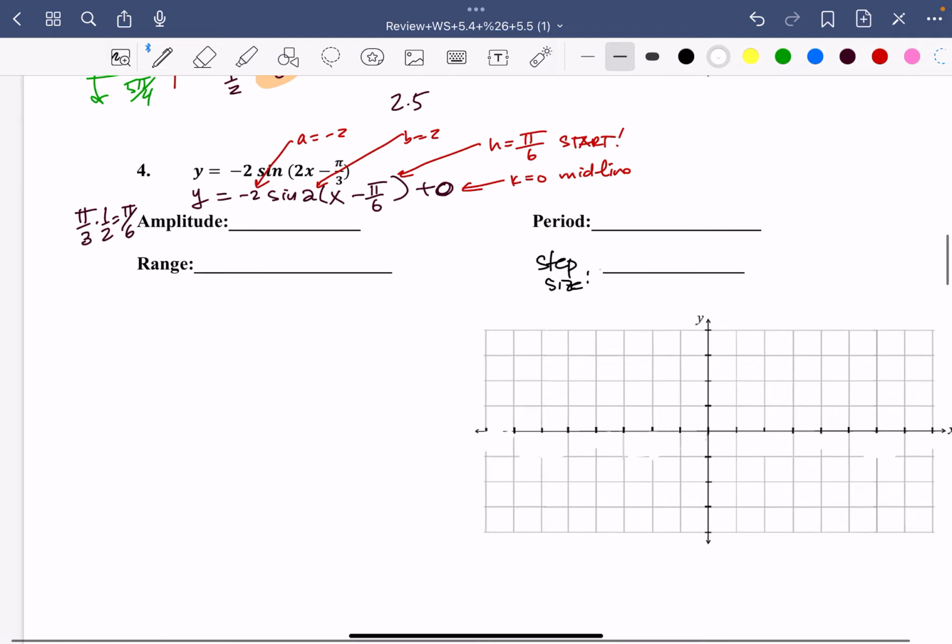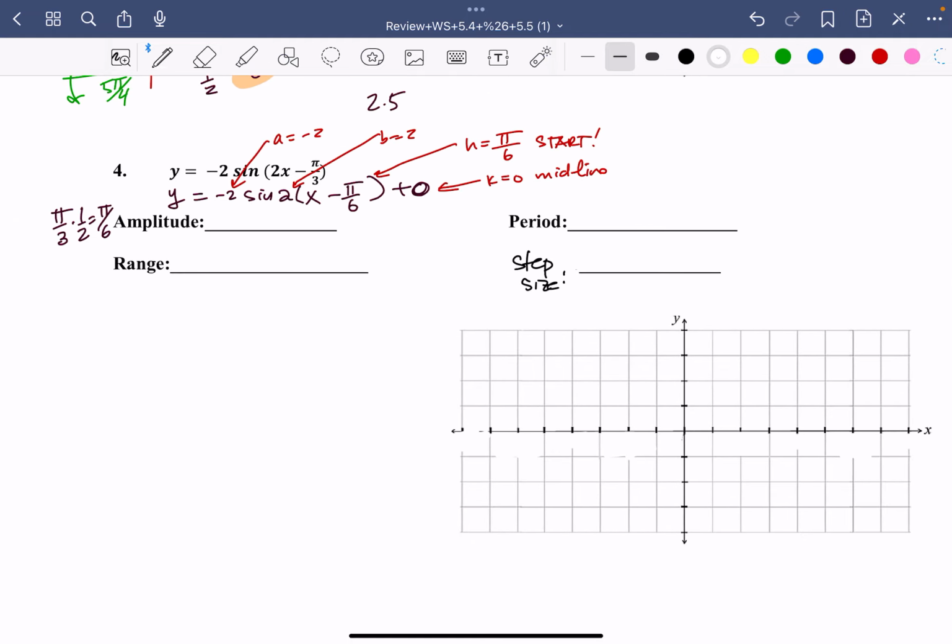Okay, so what does that mean? That means if we start off at a positive pi over 6, we'll do that in just a minute. So the period is 2 pi over b. In this case, that would be 2 pi over what? 2, so it's pi. That means every step size is period over 4, so it's going to be pi over 4. So we're going to start at pi over 6, but take steps of size pi over 4.